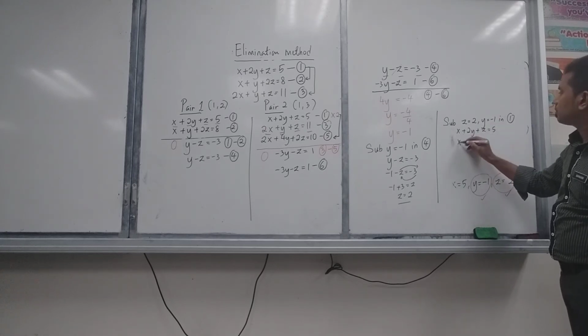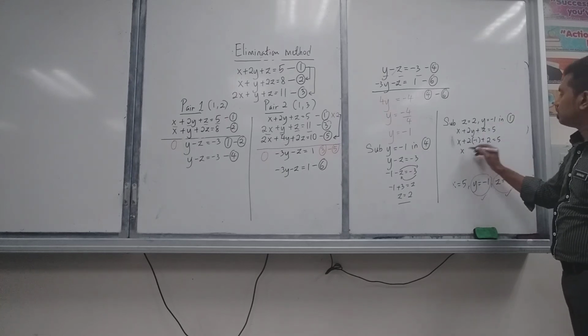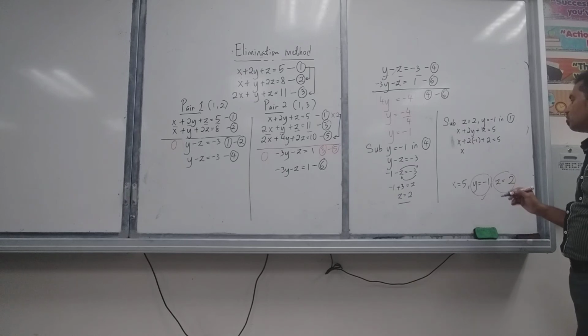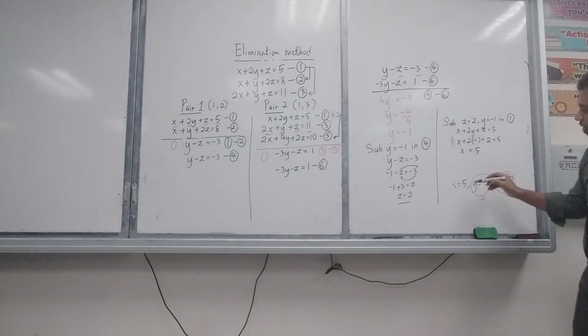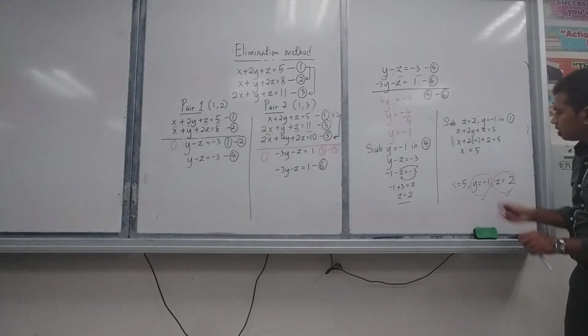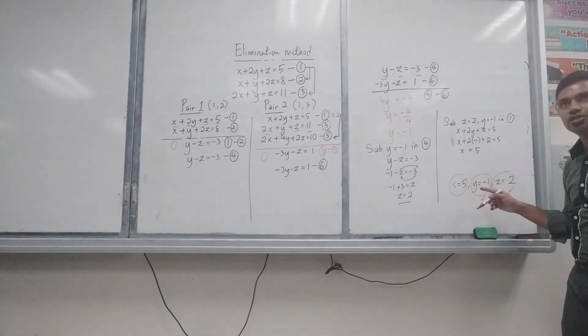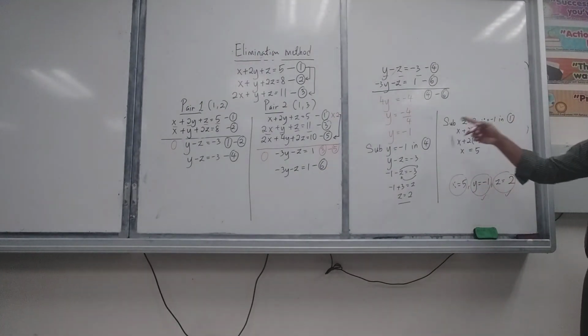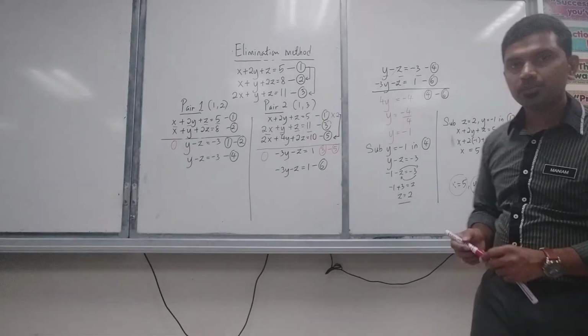X we don't know. Y is negative 1. Z is 2. Then you solve it. Negative 2 plus 2, you're going to get 0. So x equals 5. So you can check here. One more time, we managed to get x, which is 5, y, which is negative 1, and z, which is 2. Okay, so this is the elimination method.